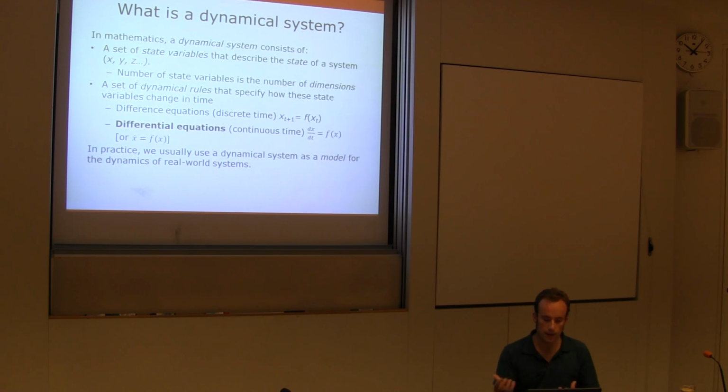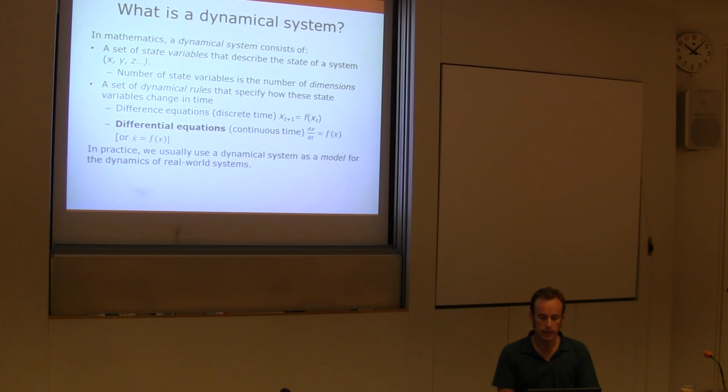So we have these state variables, and then the dynamics is encoded through a set of dynamical rules that specify how these state variables change in time. The two most common ways of writing down these dynamical rules are difference equations and differential equations. Difference equations are written in discrete time, so you take your value, say, of x at t, and you do some calculations with that to give your value at time t plus 1.